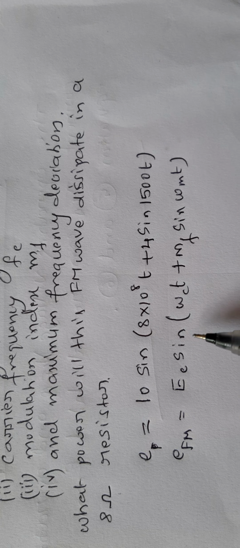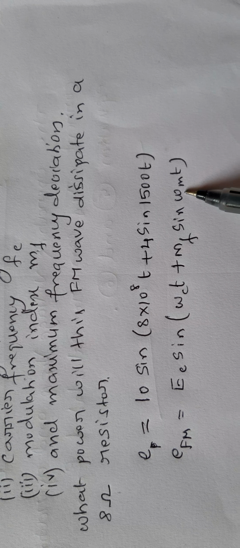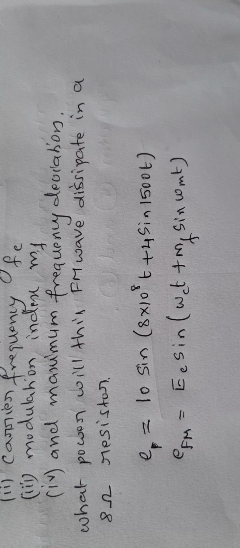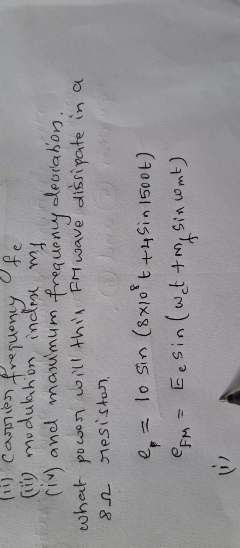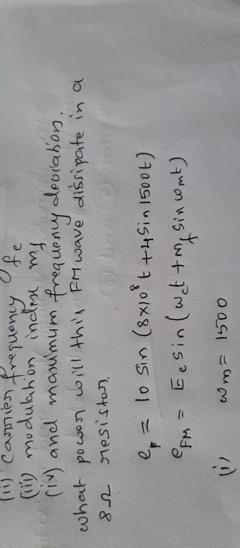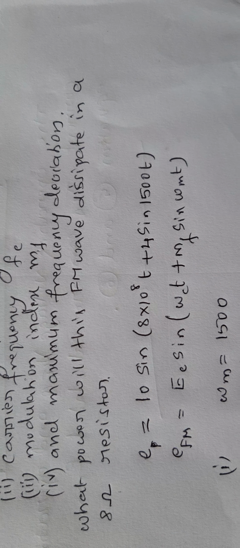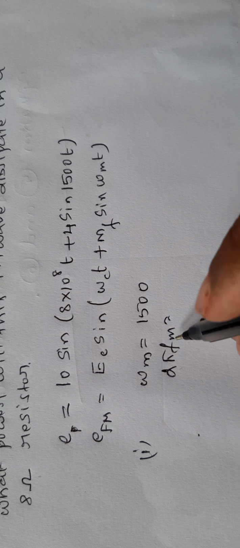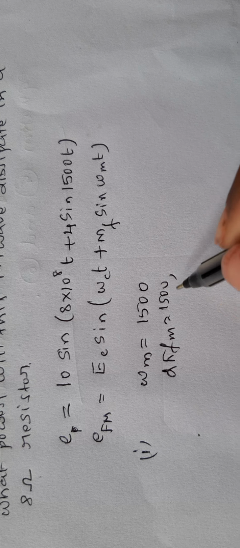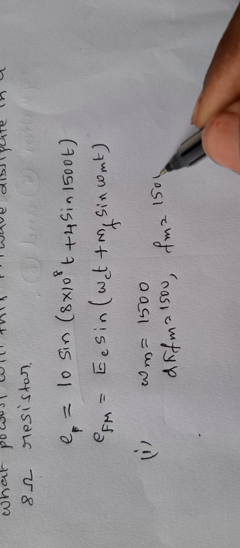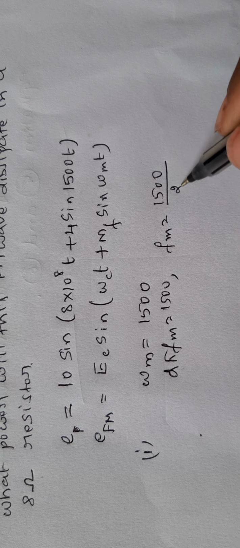See where omega m is in this equation. Instead of that, it is given 1500. Therefore, omega m is equal to 1500. But we know that omega is 2 pi f. Therefore, omega m is 2 pi fm, which equals 1500. Therefore, fm is equal to 1500 divided by 2 pi.